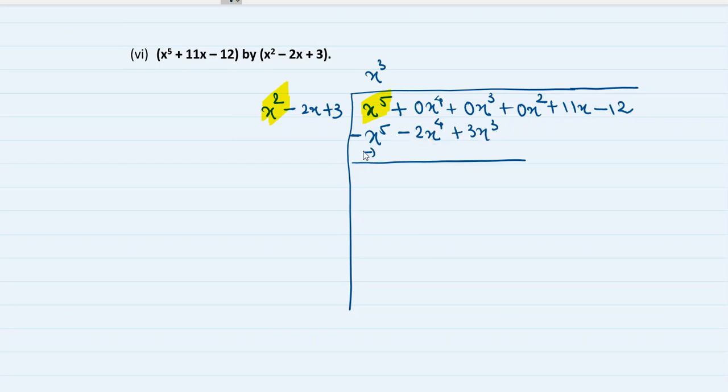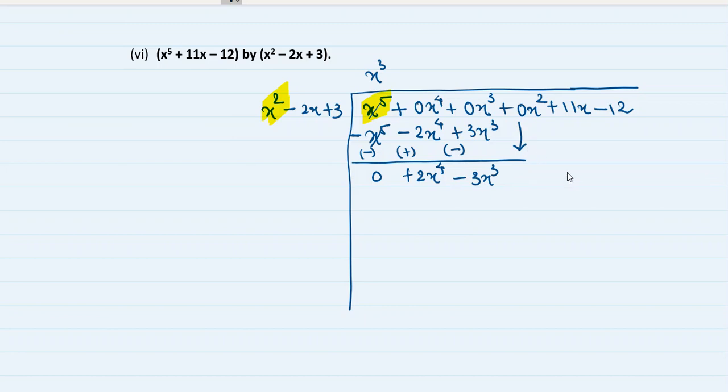So this will become minus, this will become plus, this will become minus. x raised to 5 minus x raised to 5 will get cut. You get 0. 0x raised to 4 plus 2x raised to 4 will become plus 2x raised to 4, 0x cube minus 3x cube will become minus 3x cube.